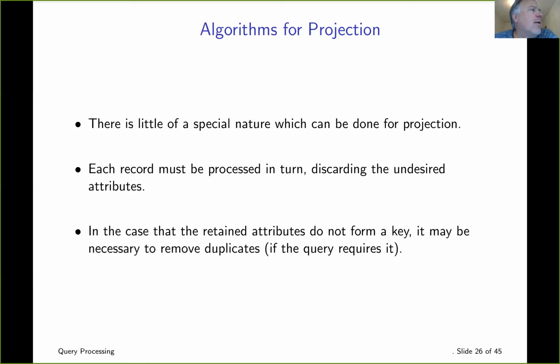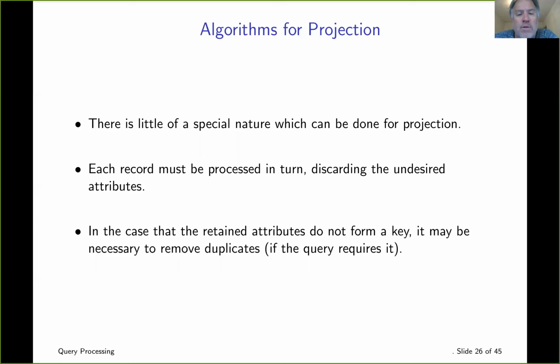If you need to remove duplicates, so if you say select distinct person number, then the system should be smart enough to know that they're distinct by definition, or select distinct over something declared to be unique. Well, okay, it's going to be unique anyway. But if it isn't, like for instance select distinct name, then you're going to have to keep something around, and it's potentially going to be growing in memory.